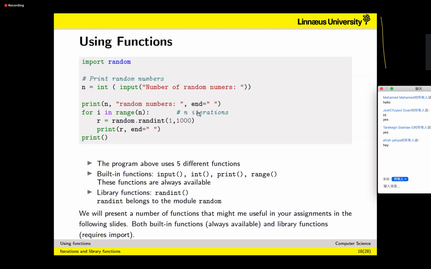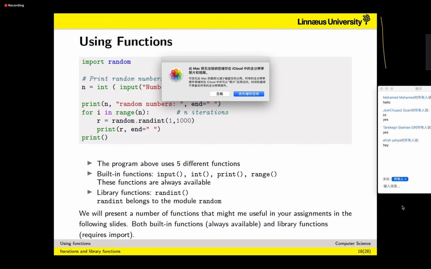So I do n iterations, generating each time. So this program will have 2 lines of output. The question, number of random numbers, and then it will say random numbers, and then it will line up all the random numbers one at a time, like this. What we're doing here is not important.